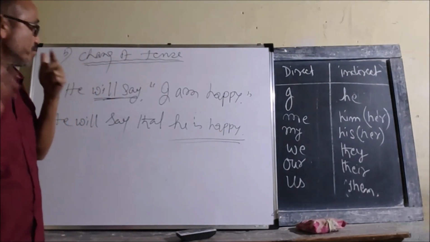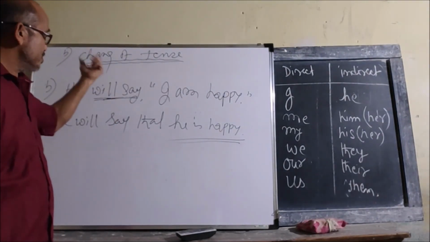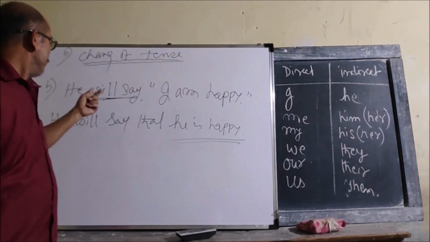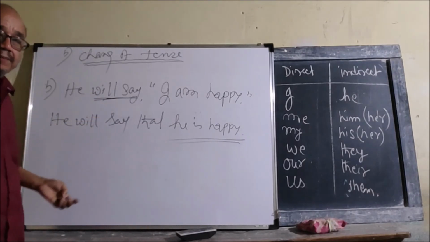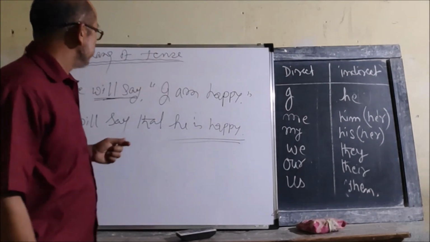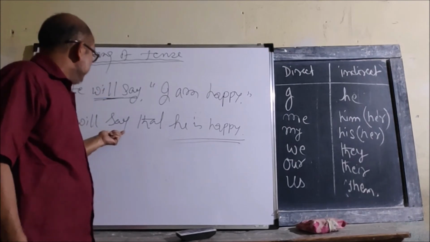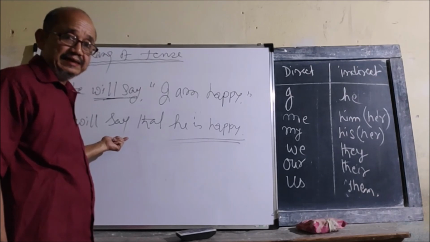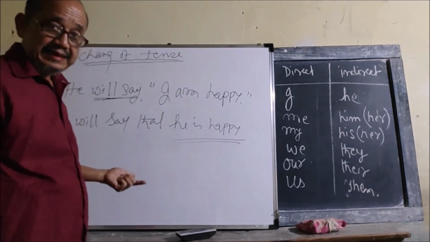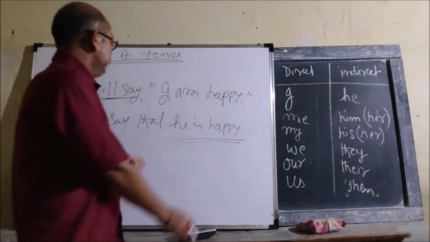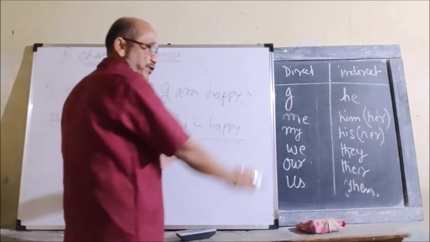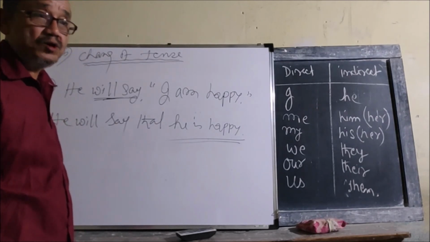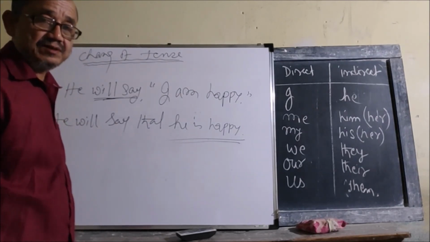Next is a very simple portion of the change of tense, only for the present tense and future tense. But what will the next topic be? If the reporting verb is in the past tense, then in the narration the reporting speech will be changed according to its corresponding tense.